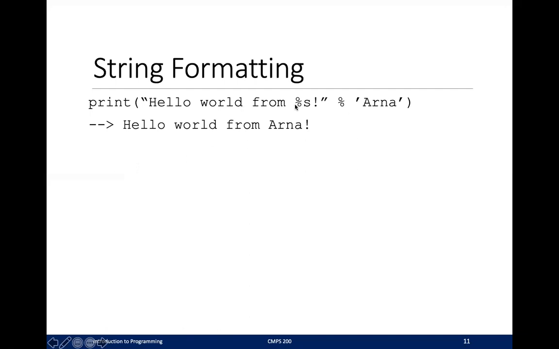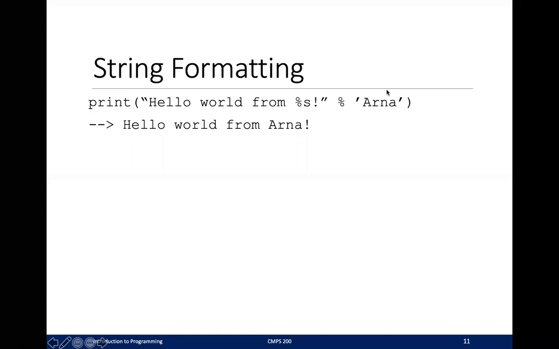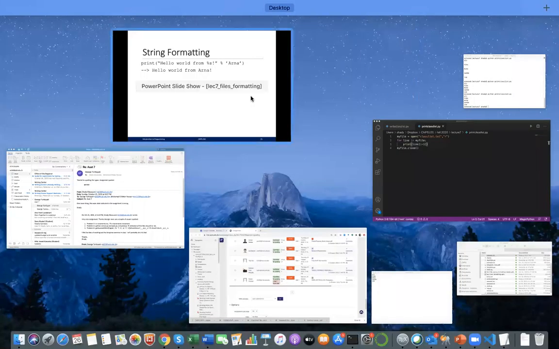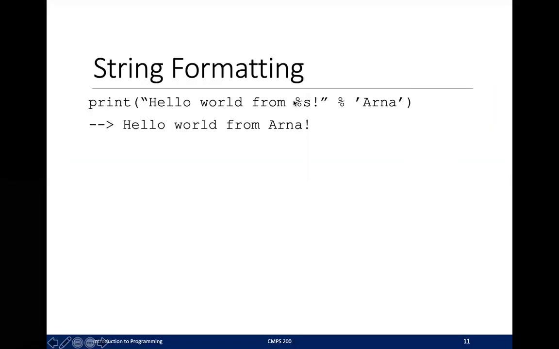When I say percentage s, it understands that this is almost like a variable that I want to replace with whatever comes after the percentage. So this is going to print hello world from Arna. It takes this and substitutes the percentage s with whatever comes after the percentage. It's an argument. You can assume it's as if it's a function, where the variable is percentage s and is replaced with the value of the argument.